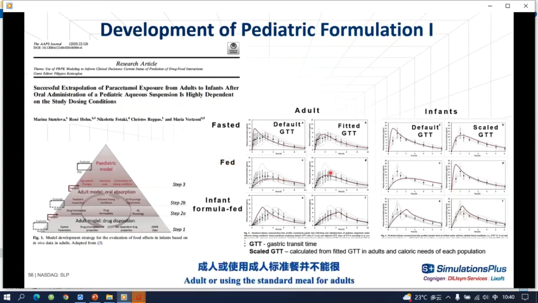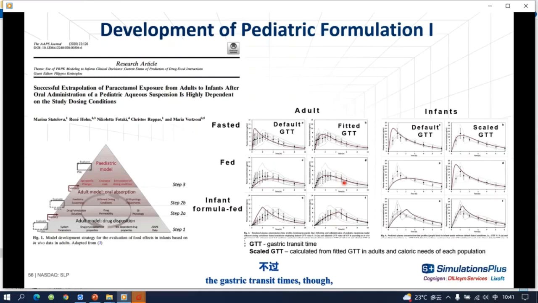Using the standard meal for adults didn't predict the infants nicely, but again, infants would not be eating a steak, right? So that does make sense: if the infant formula affects how the formulation behaves, it will give a better indication of the PK.